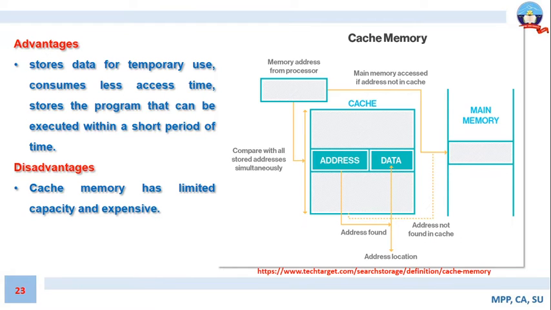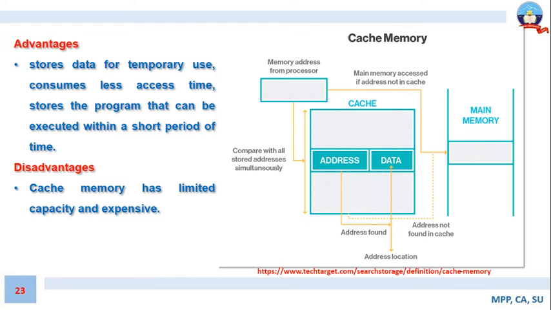If not found, then only it will go on to the main memory. First it will search for the address in the cache. If it is found in the cache, then it's drawn from the cache, or else it is looked for in the main memory if the address is not found in the cache.